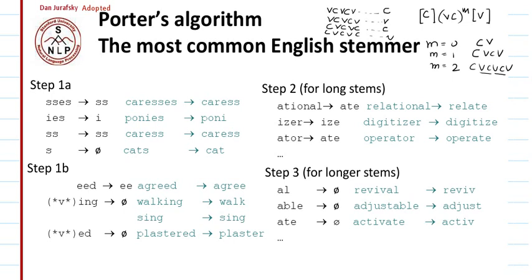So this bracket denotes that the occurrence of C may be either 0 or more than 0. Occurrence of V may be either 0 or more than 0. So if any of these are not present, the form may change. If this C is not present, it is only a vowel, like A. Similarly, if this C is not present, it is a vowel, right?